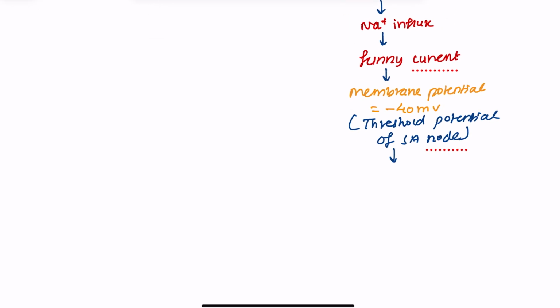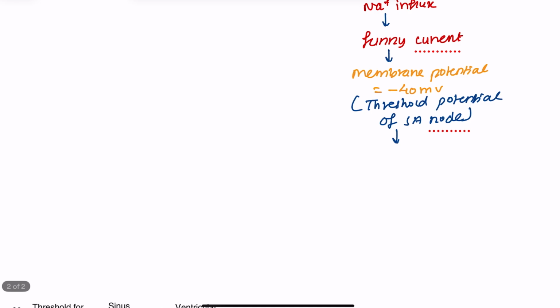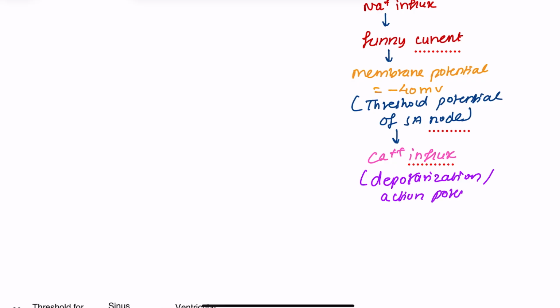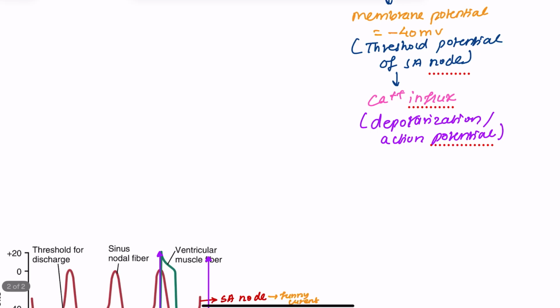Once the threshold potential is crossed, there occurs rapid calcium influx through the voltage gated calcium channel, and it will lead to depolarization or action potential of the SA node.